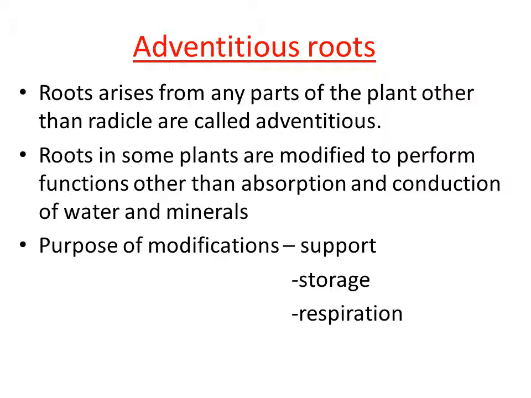Adventitious roots are also called modifications of root, right? Why does modification take place in the root? Because they perform some function in the plant other than absorption of water and minerals. They may help in the storage of food, give additional support to the plant, and help in the process of respiration.